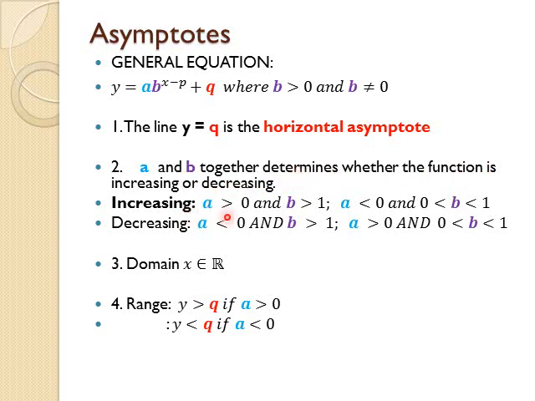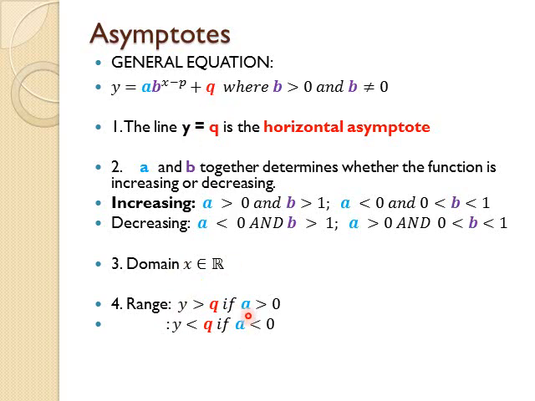So increasing: a is positive and b is greater than 1, or a is negative and b is less than 1, greater than 0. Decreasing: a less than 0 and b greater than 1, or a greater than 0 and b less than 1, greater than 0. Right? For domain, if we ask you to find domain for exponential, it will always be x element of real numbers. The range is directly related to the q value.